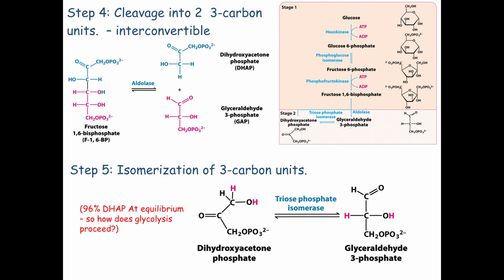So if the bottom would give 1 to the top, they would be equal. That's why the blue hydrogen here is shown going with the top, right? And this is going to form a new carbonyl. So that gives us our aldehyde and our ketone as products, both of them having 3 carbons, both with 1 phosphate, all the same number of each component. Okay, so we have glyceraldehyde 3-phosphate and dihydroxyacetone phosphate.